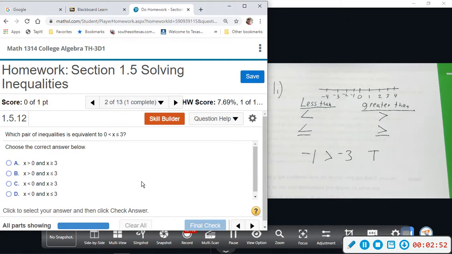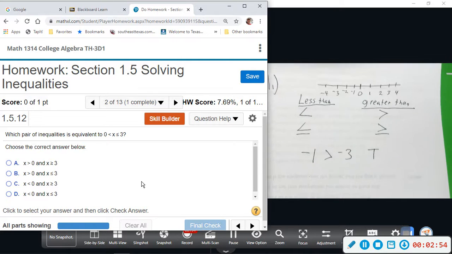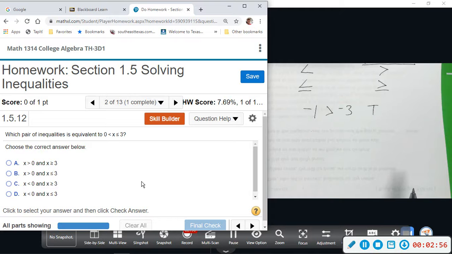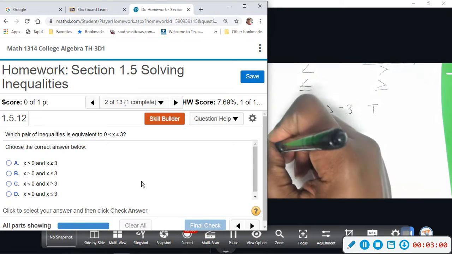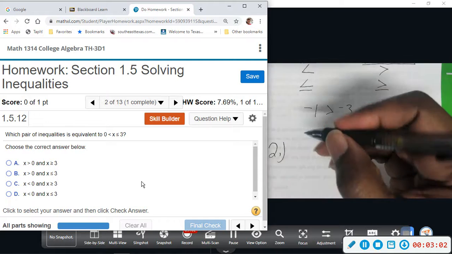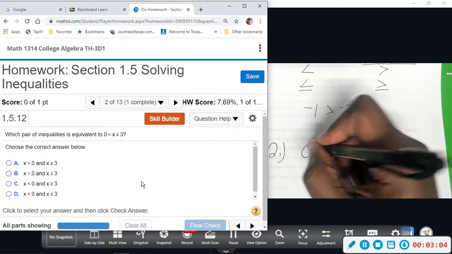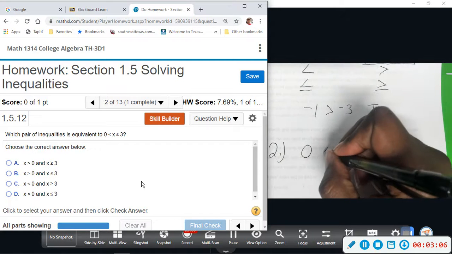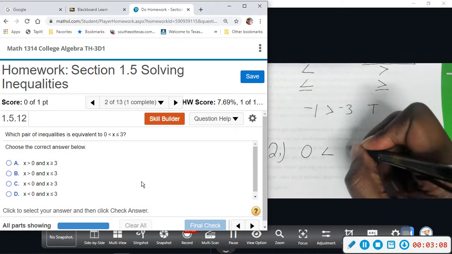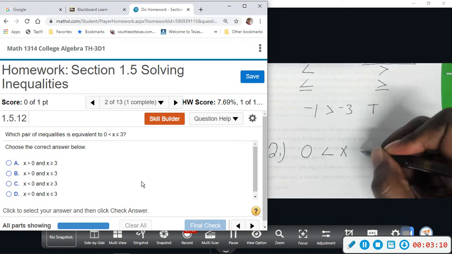All right, now number 2, we want to know which pair of inequalities is equivalent to the given statement. So this is called a compound inequality. So number 2, we're given a compound because we have 2 inequalities set up.